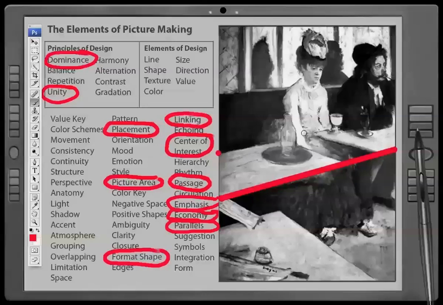Then there's another parallel line right there, and it's picked up over here by the contour of the man's arm. It's not exactly lining up with these other edges here, but you get the feeling that the line is continuing over like this, and then another line up here, and then a line down here.